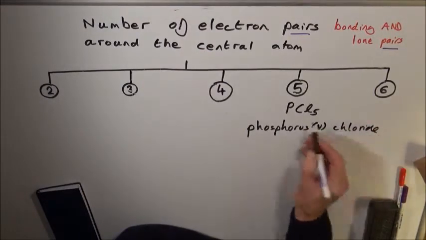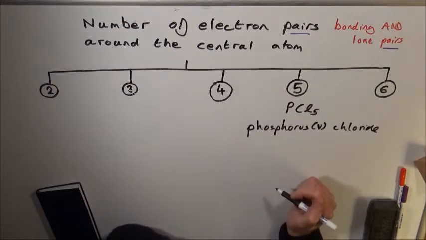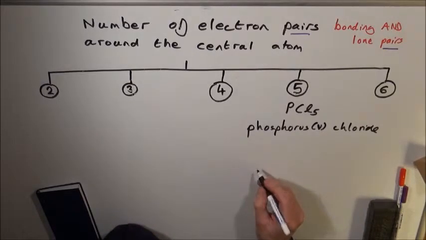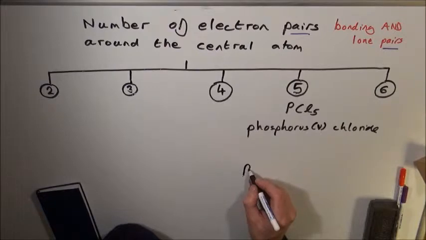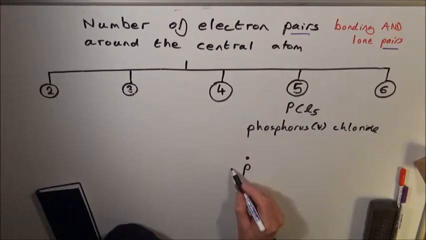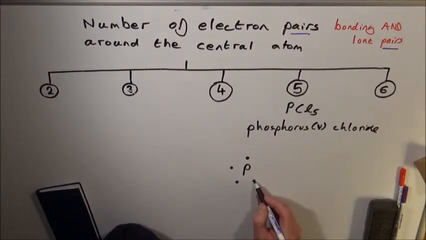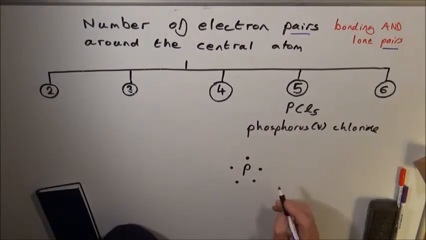That's the oxidation number of the phosphorus. And if I draw the dot and cross, so you've got 5 electrons in the outer shell of the phosphorus, just like you have in nitrogen. It's in the same group, of course.